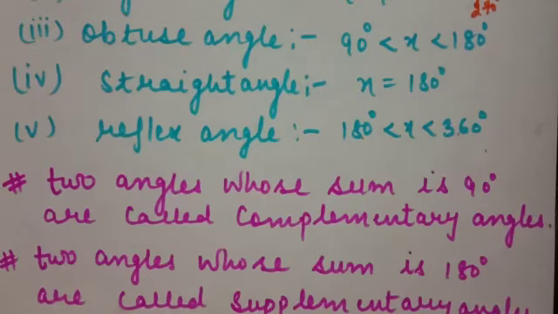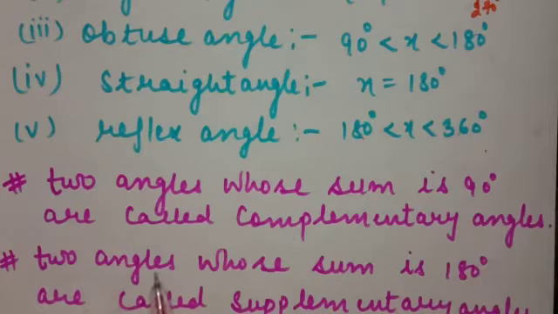Like I gave you the example of 30 degrees and asked what the complementary angle of 30 degrees is. Which angle added to 30 degrees gives us 90? We will add 60 degrees to 30 degrees to get 90 degrees. So 60 degrees is the complementary angle of 30 degrees. When the sum of two angles is 90 degrees, we call them complementary angles for each other.